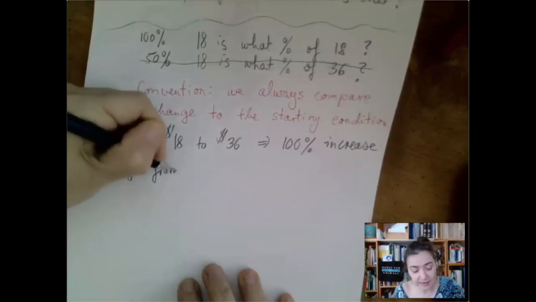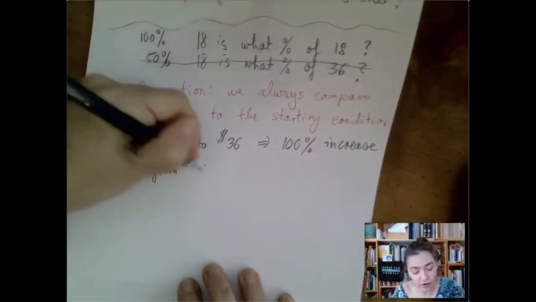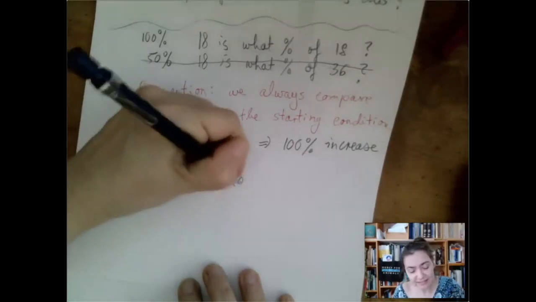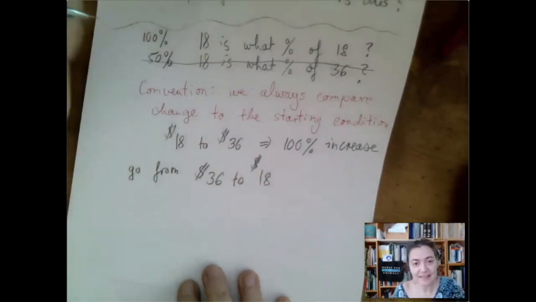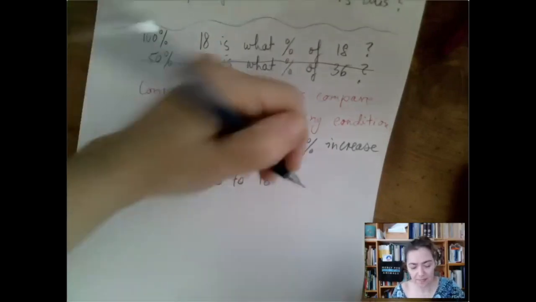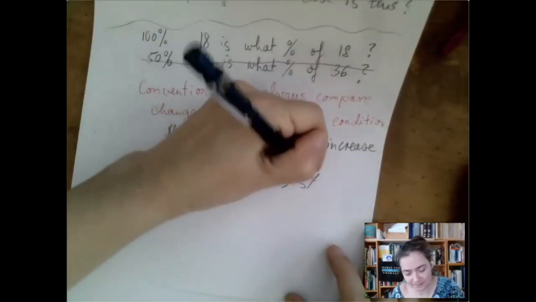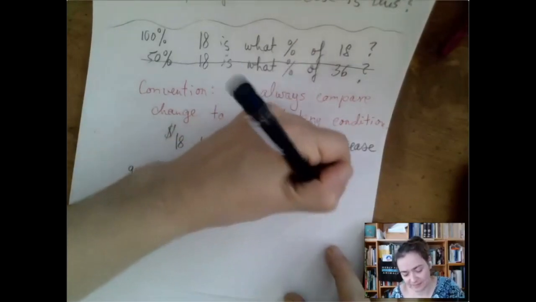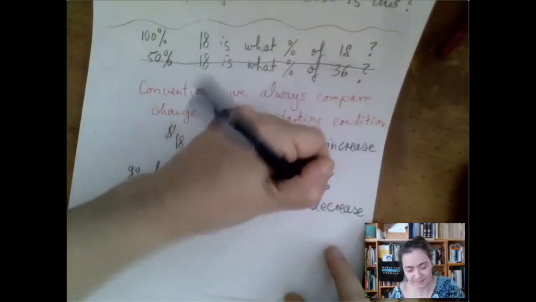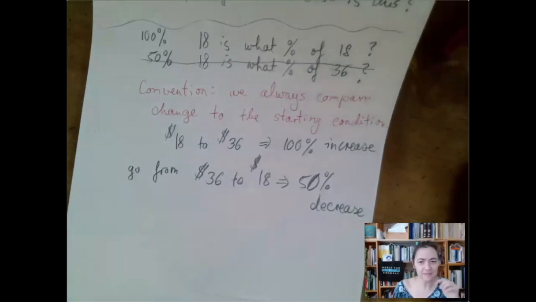I'm just going to say go from 36 to 18. That's a 50% decrease. So that's already a little weird that for a full circle, we increase 100% and then we decrease 50%. These things are tricky.